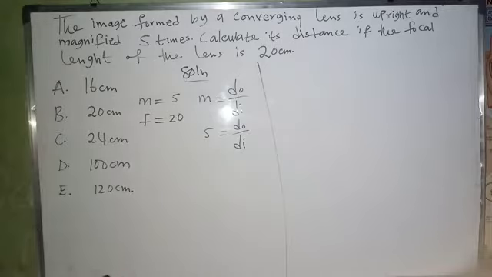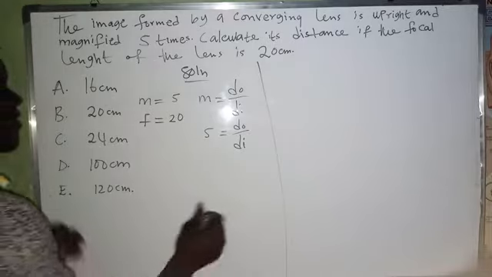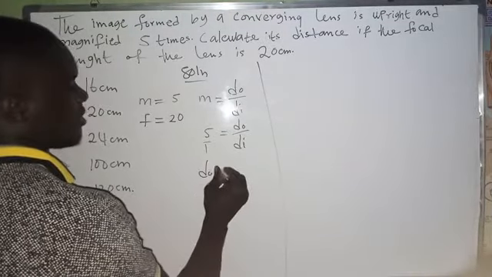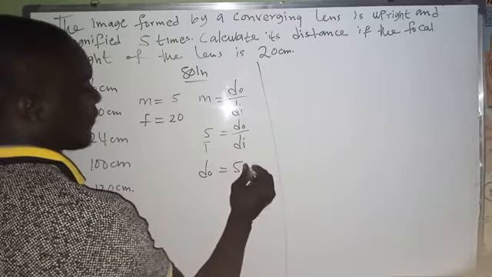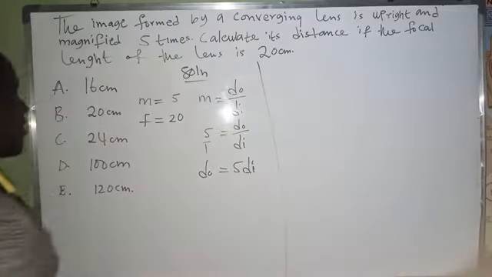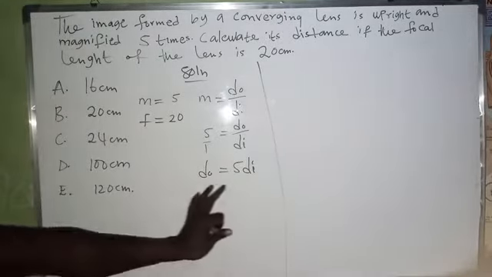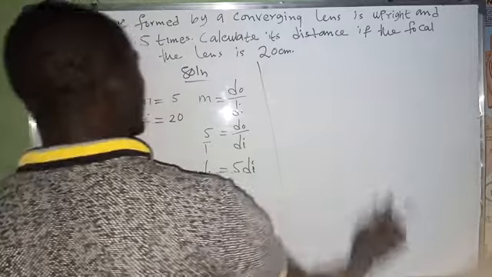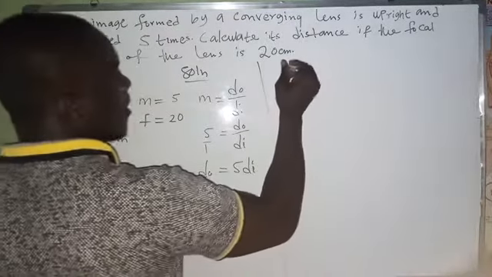Now let's make object distance the subject of formula. Object distance is going to be equal to 5 image distance. Now we are going to substitute this into our equation.